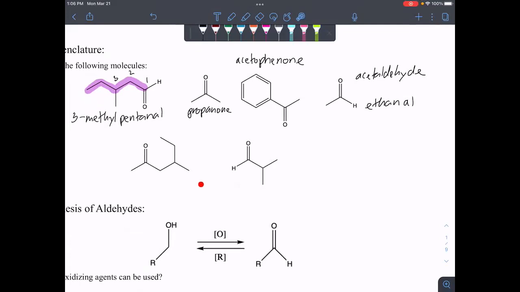This one? Yeah. What'd you say? 5 and 5 and 7. 1, 2, 3, 4, 4 and 5 and 7. Yeah. 4-ethyl hexanone. Isn't the longest chain going towards the top? You're right.